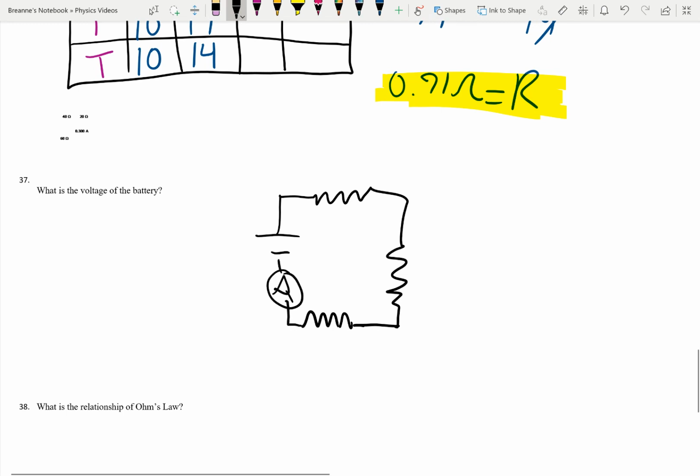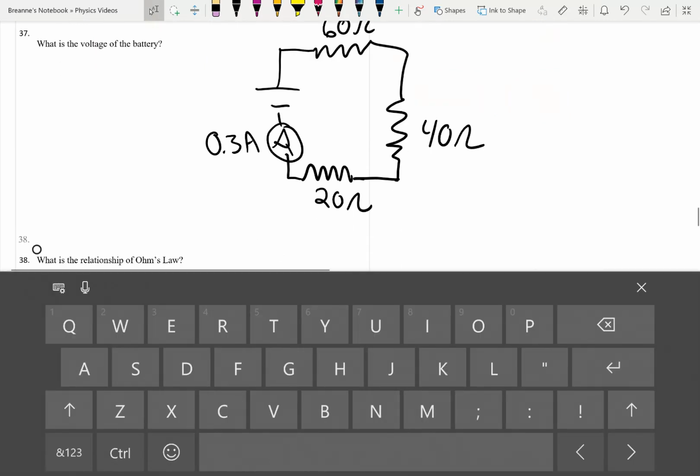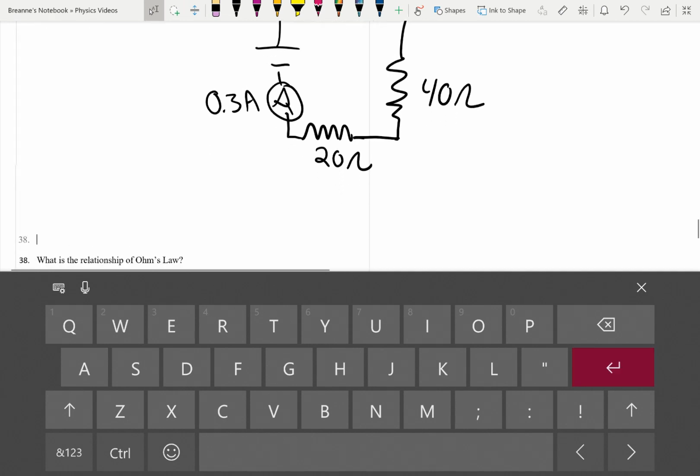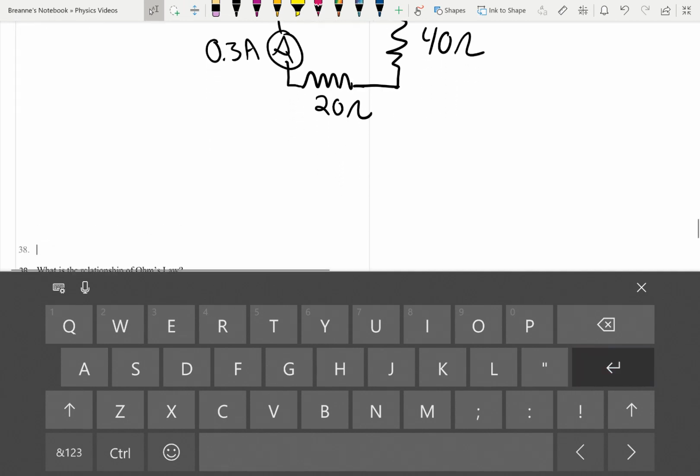So we don't know the voltage of the battery, but we know the first resistor is 60, the second resistor is 40, the third resistor was 20, and our amp meter read 0.3 amps. Give myself some room here since I wrote it kind of big.